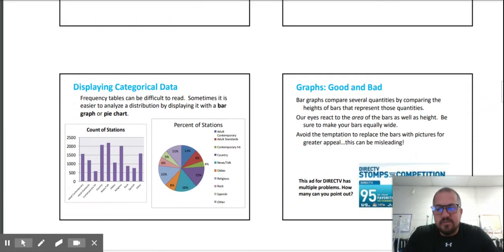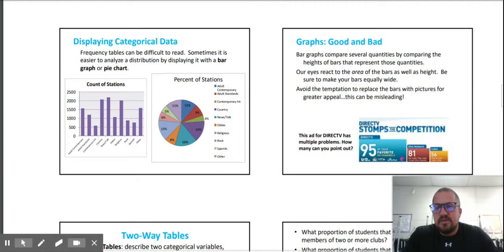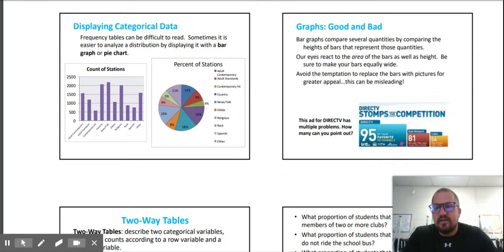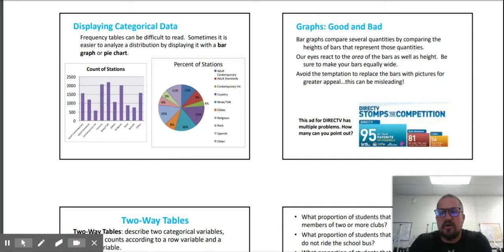So how would we display some of this data? When you display categorical data, you're going to use a frequency table that I just showed you, which can sometimes be difficult to read through. A lot of times it's easier for people to visualize this with a bar graph or a pie chart. So if you look to the left, you see a bar graph. It has the x-axis labeled.